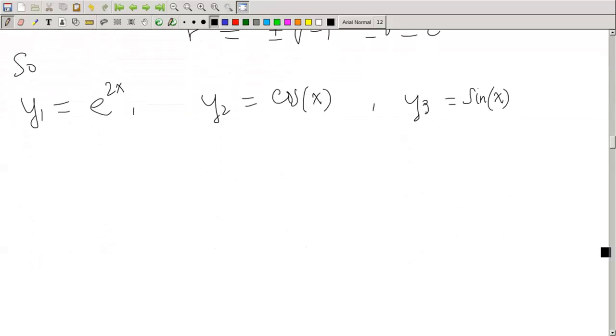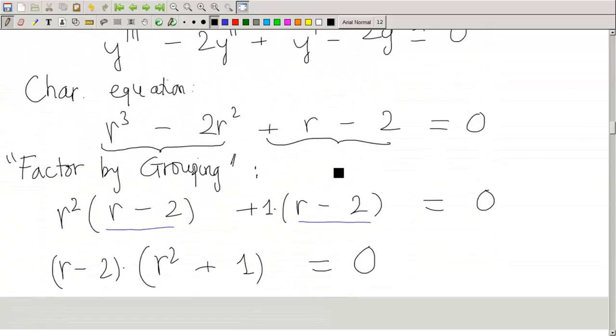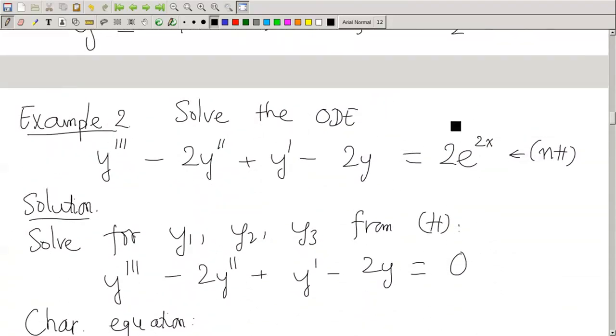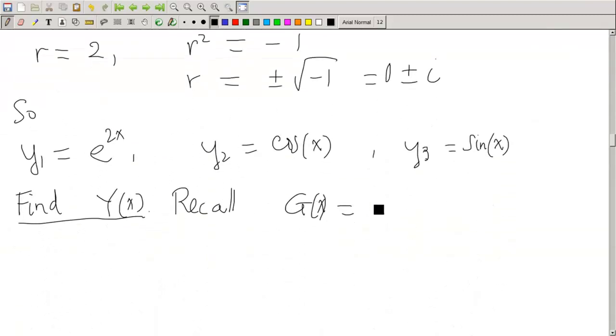Now the next step is to find capital Y of x. Recall that in our problem, g of x is a constant multiple of e to the 2x.